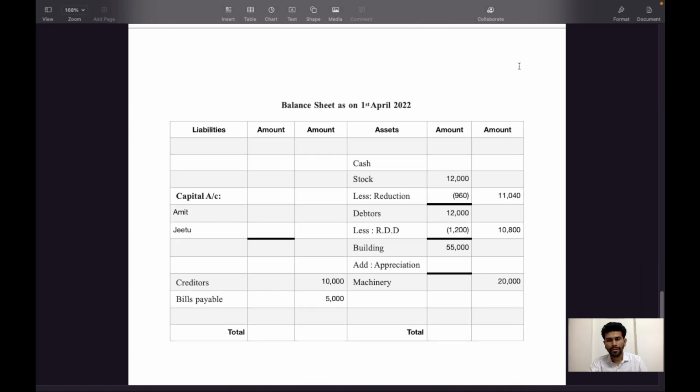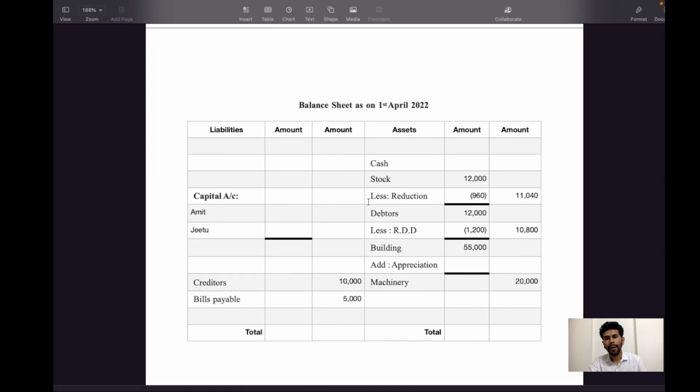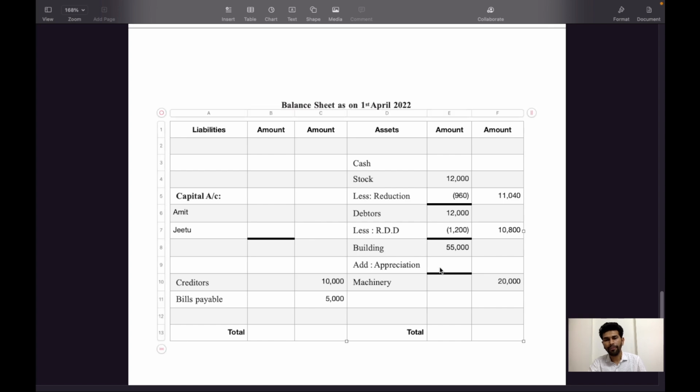Now, third adjustment, the value of building is to be appreciated by 20%. Appreciation in building will be added to building account. Appreciation means increase in value by 20%.